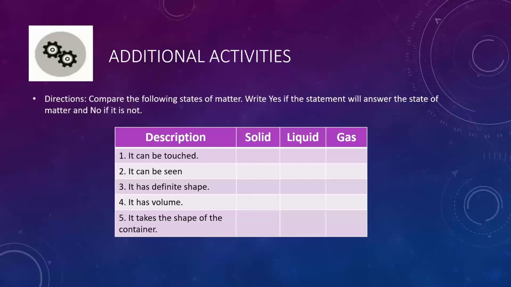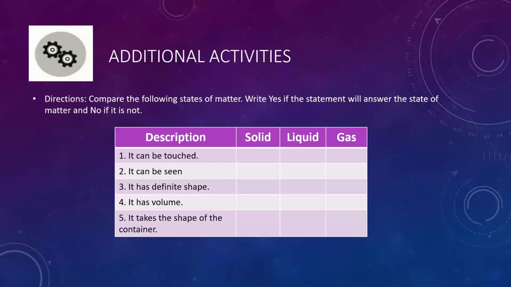Number 1, it can be touched. Number 2, it can be seen. Number 3, it has definite shape. Number 4, it has volume. Number 5, it takes the shape of the container.